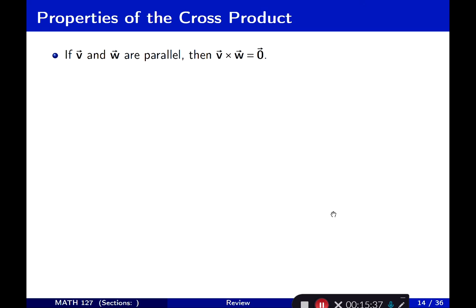Some properties of the cross product: if v and w are parallel, then sine of theta is going to be 0, so v cross w is going to be 0.